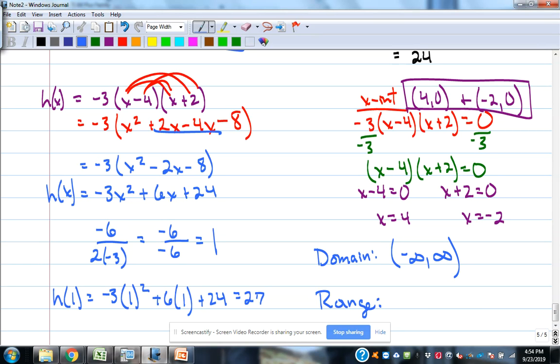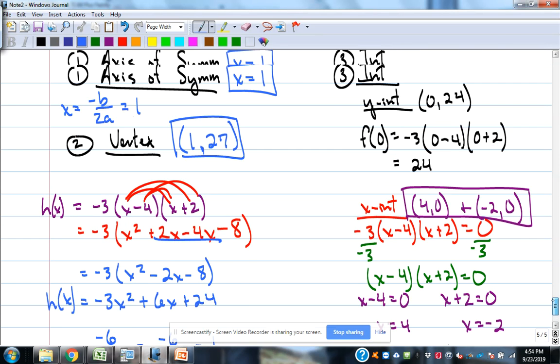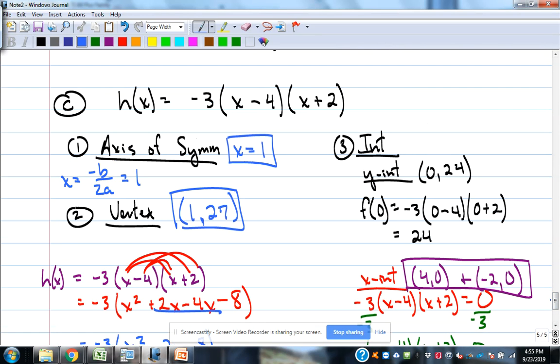The range. Is our vertex a maximum or a minimum value? So we have to decide which way this opens. Does it open up like this or open down like that? Down, because why?